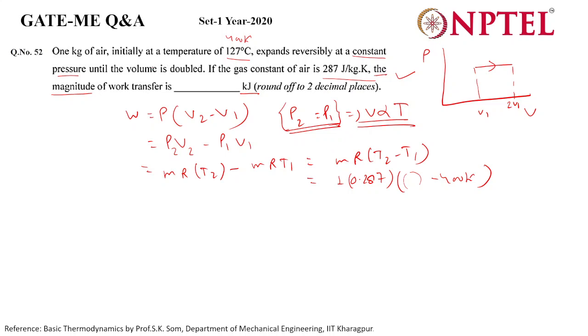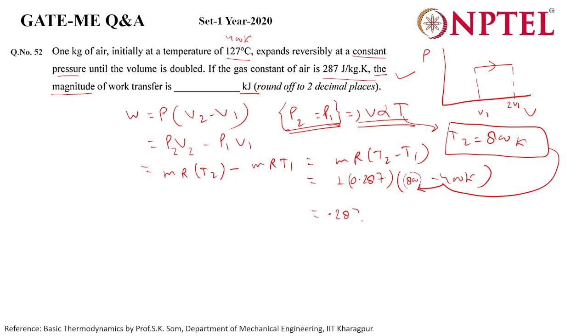Here volume is doubled, so the final temperature is also doubled. Initial is 400, so T2 would be 800 Kelvin. So simply put the values and multiply 0.287 into 400. How much will it be? 114.8, right?